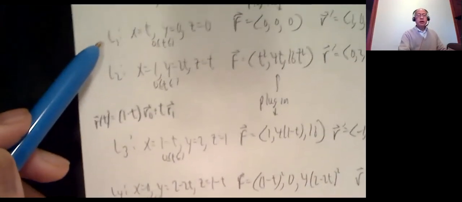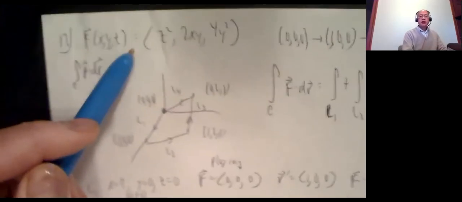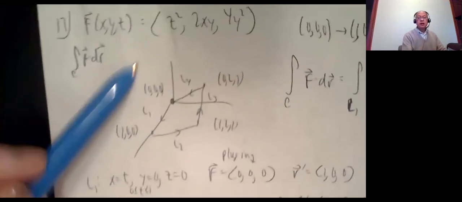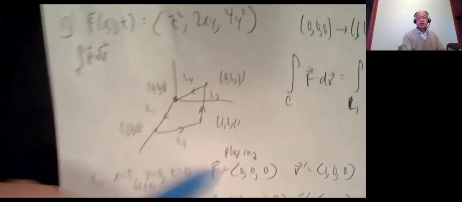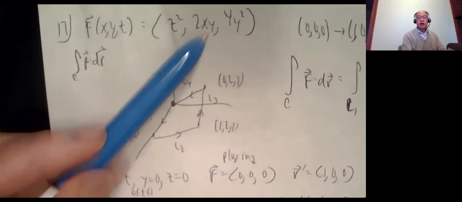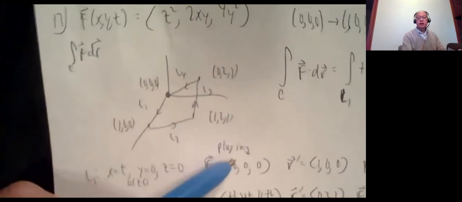Just before the break, this is where I left off. I got an expression for L1, L2, L3, and L4. Now for F, I'm going to plug in. F very conveniently is 0, because if I plug in z squared, z is 0; 2xy, y is 0; 4y squared is 0.